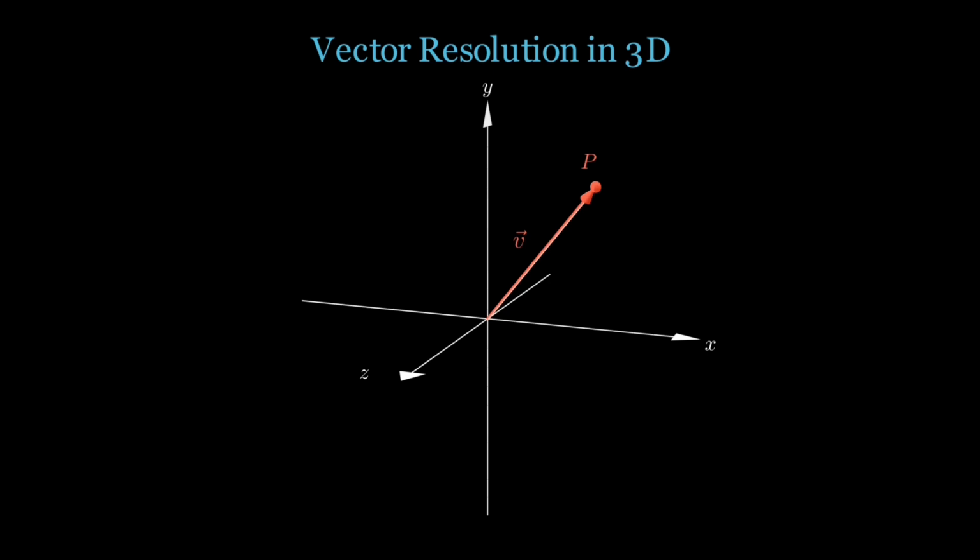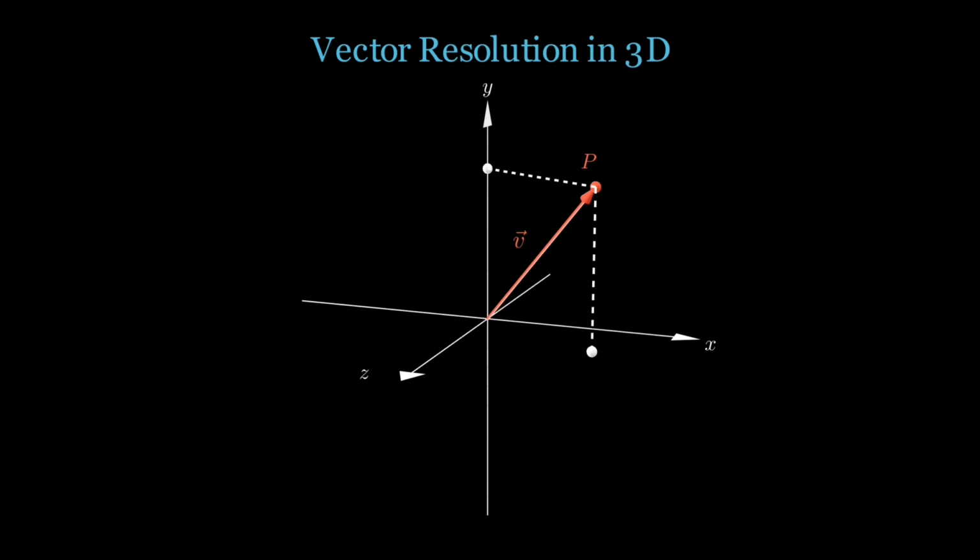Now, obtaining the direction will take some work, but I assure you, it's quite interesting and very simple once you understand it. So let's get on with resolving this vector onto the familiar planes and axes as we know, one step at a time. First, we draw the projections of the vector onto the y-axis and the xz plane.